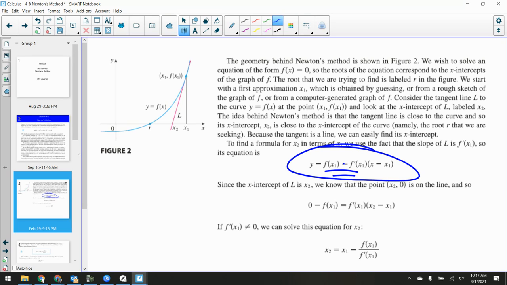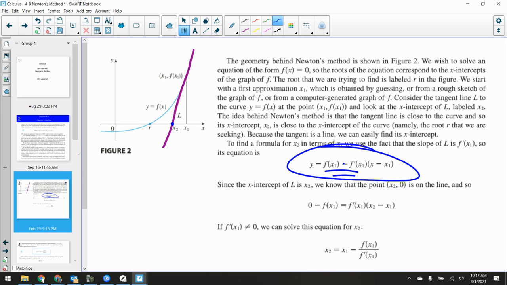I'm finding the equation of the straight line function that lies tangent to that function. The linear approximation will say, okay, here's the equation that lies tangent to the curve at that point. And what you can do is find the 0 of that.